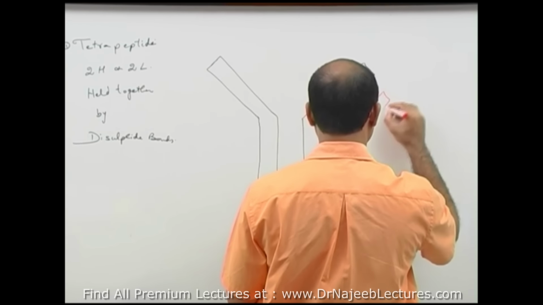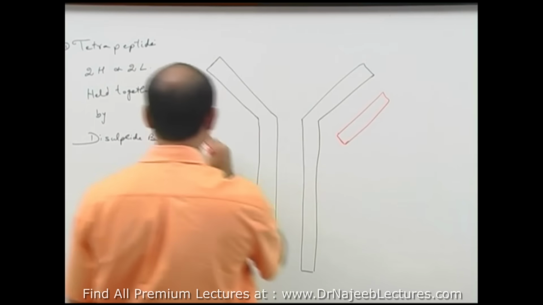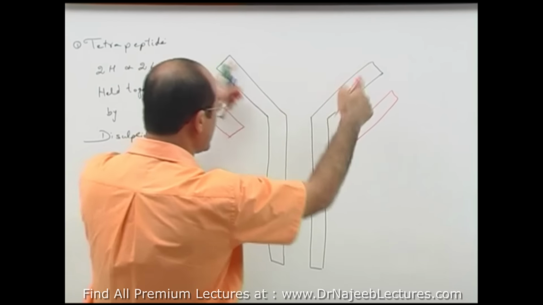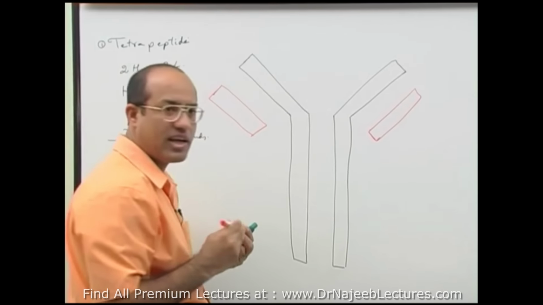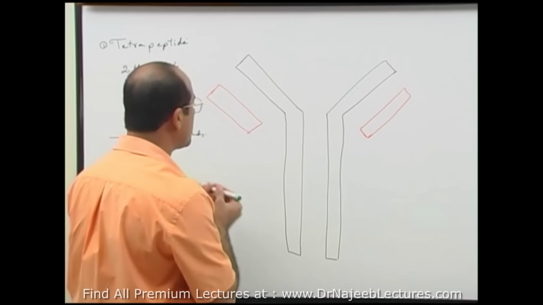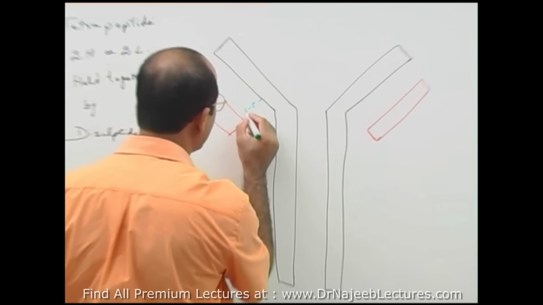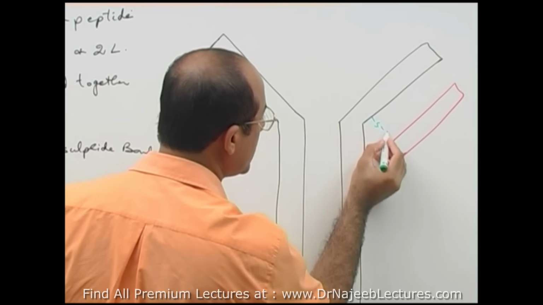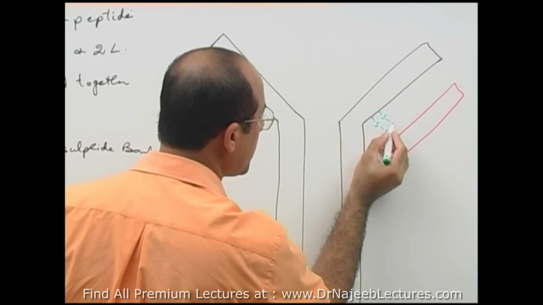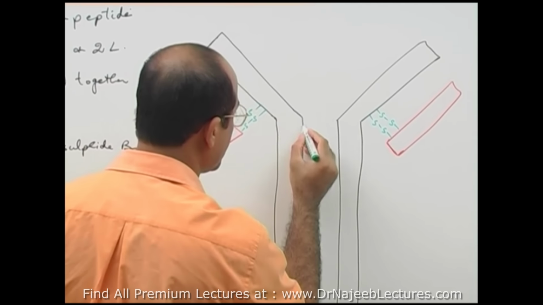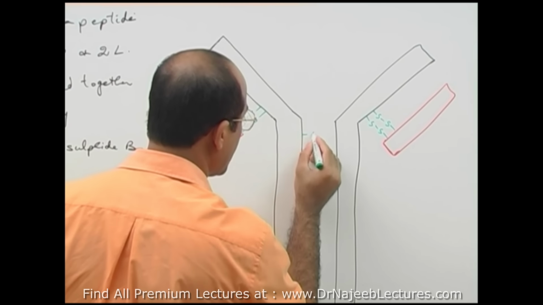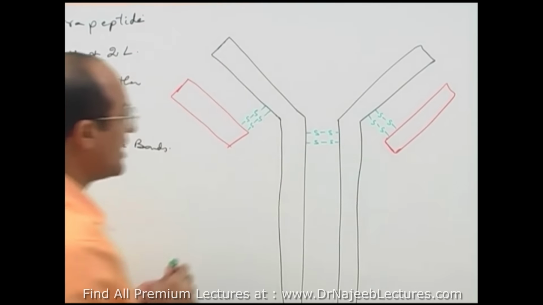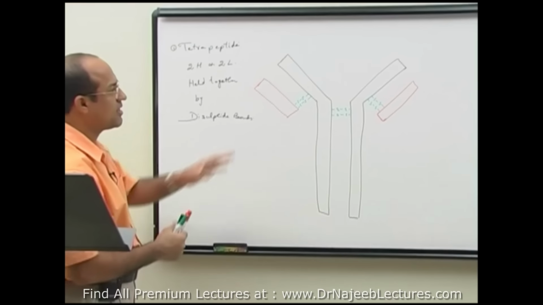There are 2 heavy chains and 2 light chains, and they are held together by disulfide bonds. These are the disulfide bonds which are holding them together. Now let's go back to the definition.